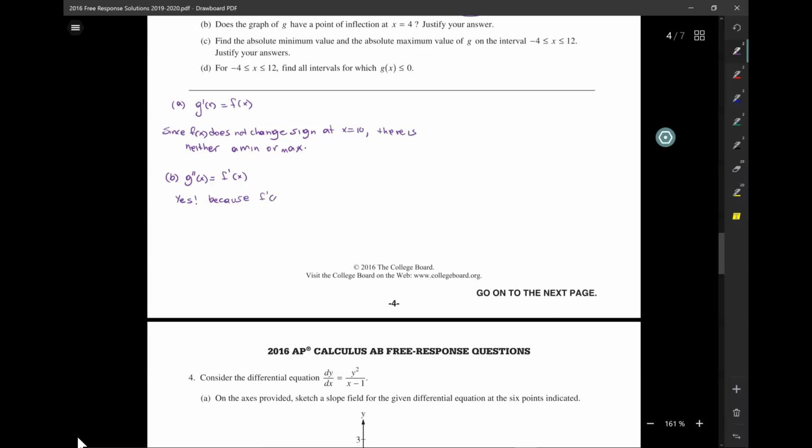f of x changes from increasing to decreasing at x equals 4, meaning f prime of x changes sign at x equals 4.